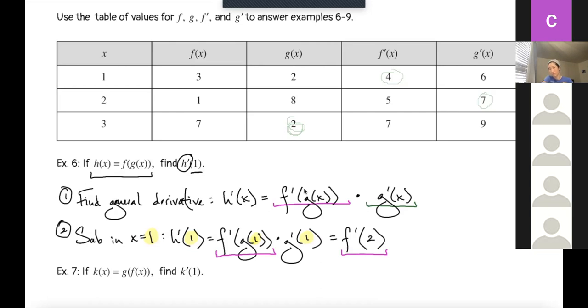Because g of 1 is inside the f prime. Yeah, g of 1 is a number that we can actually find from the table. All I did was take g of 1 and replace it with 2 because that was the number from the table. Exactly, that's a great way of saying that. We know g of 1 is equal to 2 and it's inside the parentheses, so now we can go to the table and find the number.